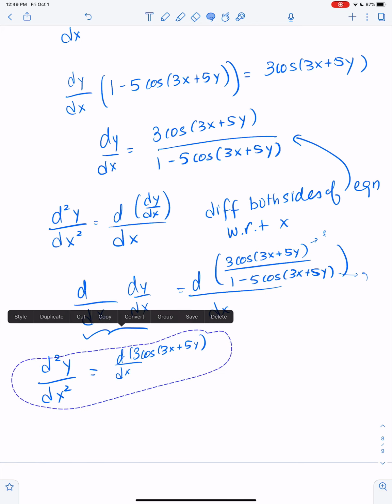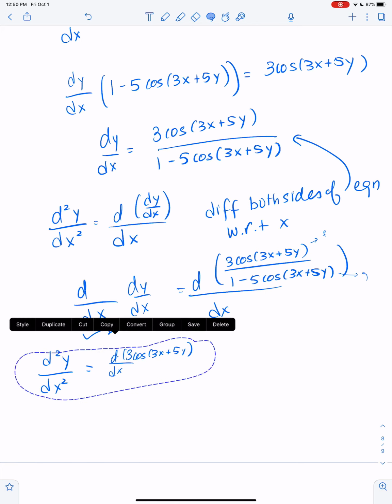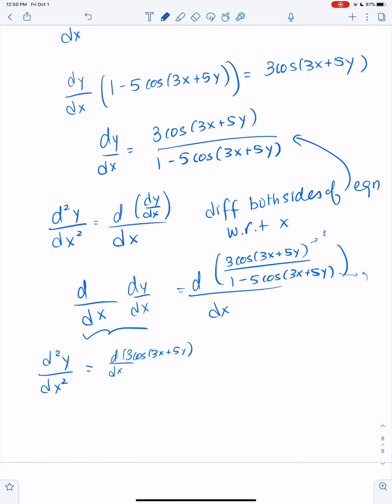I have to start writing very small for this. Minus the top times the derivative of the bottom. It's getting squishy.